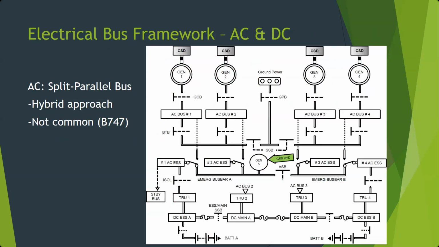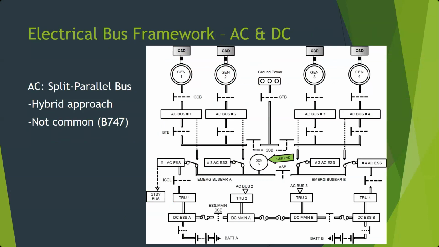I'm not going to go through the full operation of this, but things can be moved around. Essential buses: this one's kind of unique. It's got Gen 5 right here, powered by a hydraulic system. A hydraulic system uses pressure to spin a hydraulic motor that turns a generator. So it's kind of a backup.